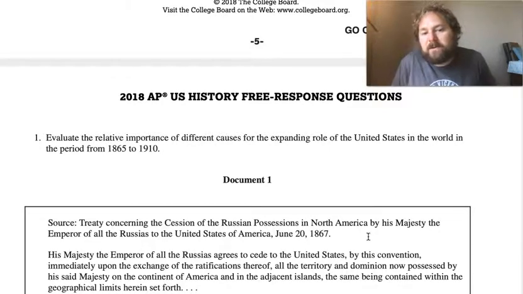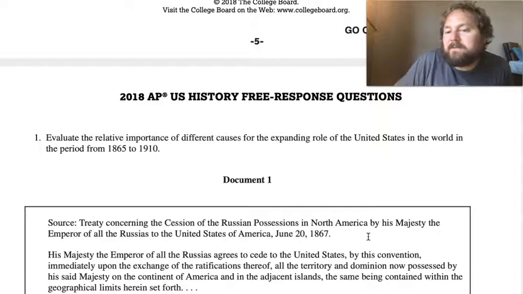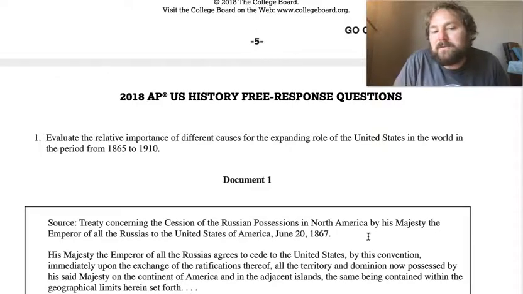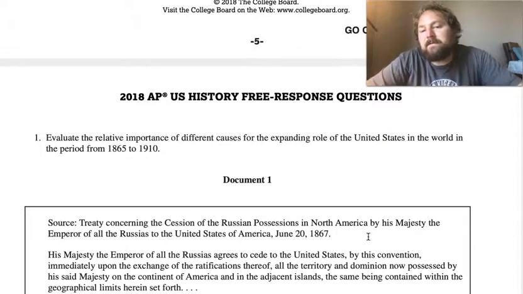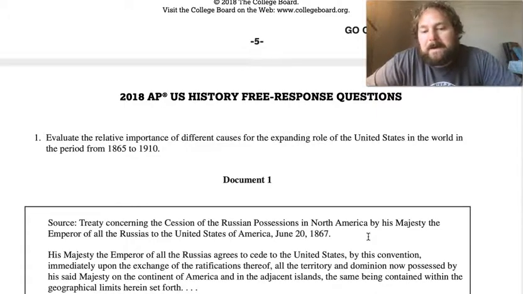And so, evaluate the relative importance of the different causes for the expanding role of the United States in the world from the period 1865 to 1910. Okay, this is a cause question, right? This question, like so many of them, deals with what are the causes, and it specifically says the relative importance, which all that means is what are the biggest causes and what are less important.